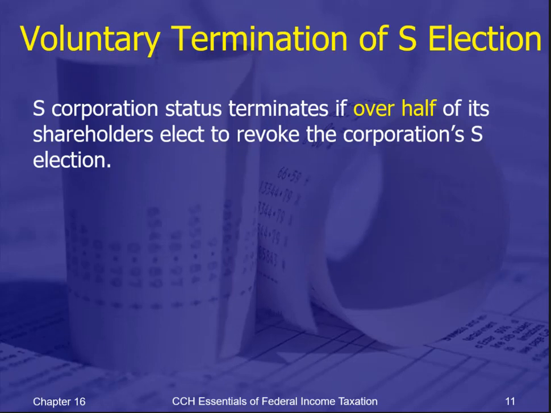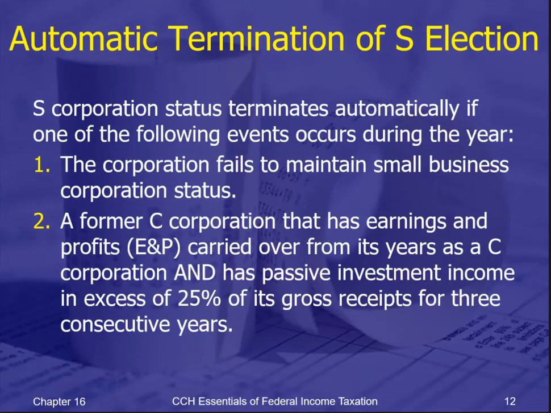To stop being an S corporation, you only need over half to revoke the election. And again, that's a separate process. There's not an actual form for that, but you have to send in a letter to the IRS revoking your S election. You could become no longer S if you violate some of the rules.